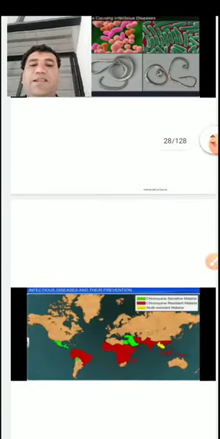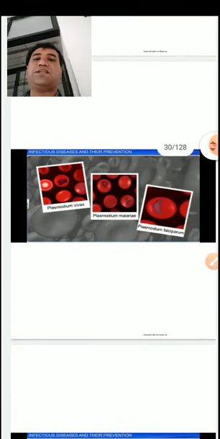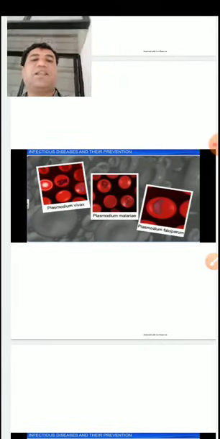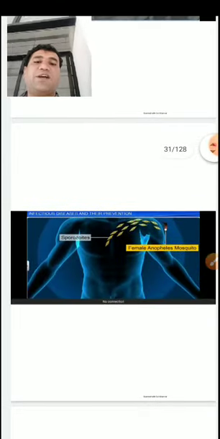Pathogens can be protozoan, bacterial, viral, fungal, and helminthic parasites. One of the most important diseases is malaria. Malaria is caused by three species: Plasmodium vivax, Plasmodium malariae, and Plasmodium falciparum.